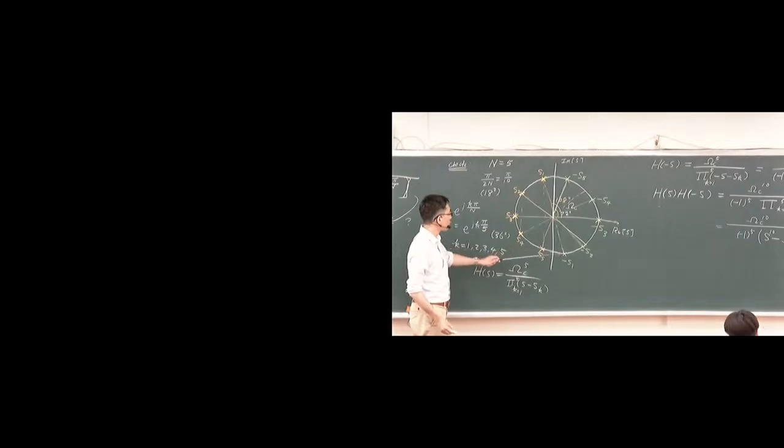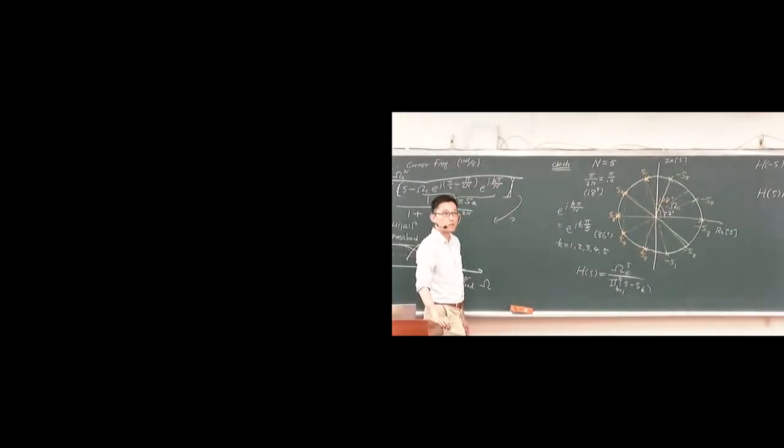By adding all the 5 extra poles, we actually simplify the expression. So when we consider the product of H of s with H of minus s, the expression is actually simpler.